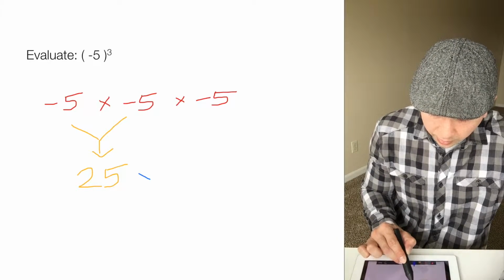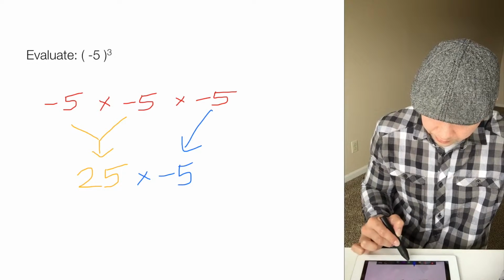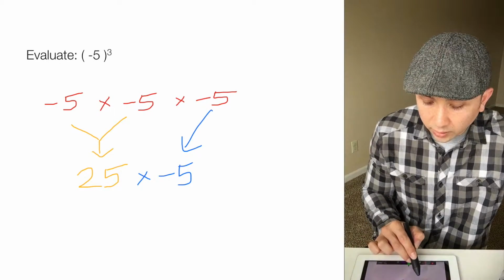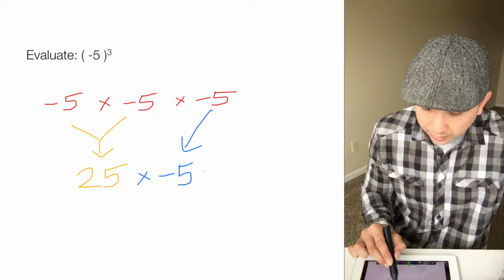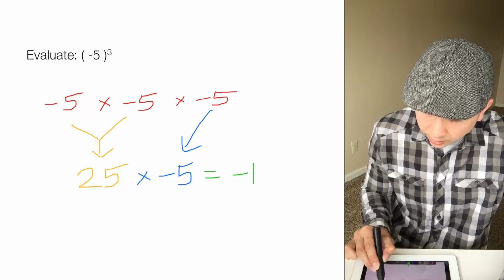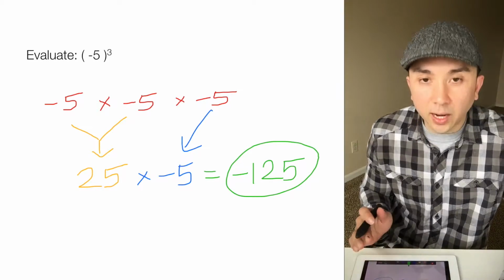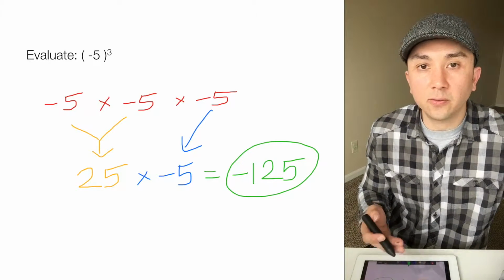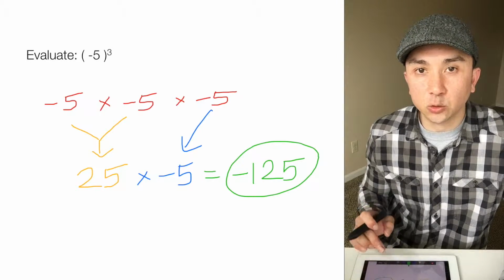Now we're going to multiply by -5. We're going to bring down that -5. So 25 times -5 is -125. So -5 cubed, or -5 to the third power, is -125.